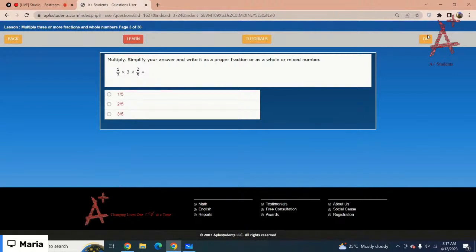When you multiply them, 2 times 3 is 6, and 5 times 3 is 15. It will be 6 over 15. And then you have to divide them by a common number. That would be 3.